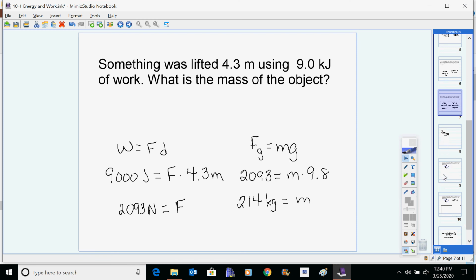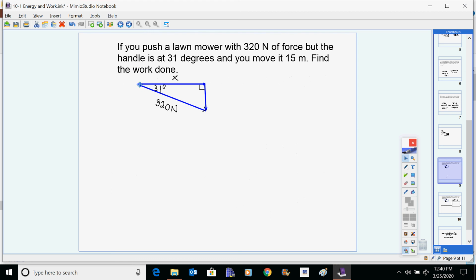All right, our next question deals with pushing a lawnmower. You can imagine pushing a lawnmower and you're pushing it at an angle. And so the angle on the handle is down this way. This is your lawnmower. You've got your mower down here. Your hands are up here. You're pushing it with 300 newtons of force. But the handle on a lawnmower isn't going to be straight across.